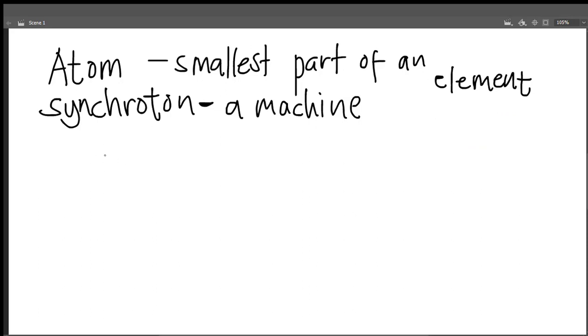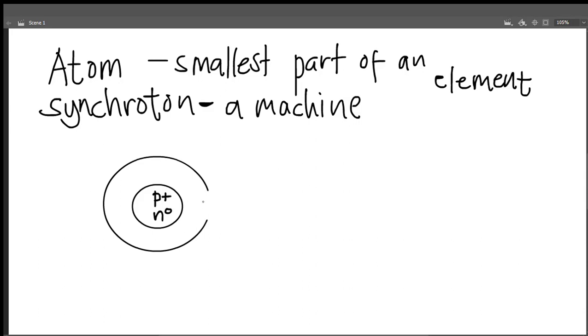Okay, so we have an atom and its parts. So let's have P, positively charged, proton, N, zero charge, neutron, and negatively charged electron.